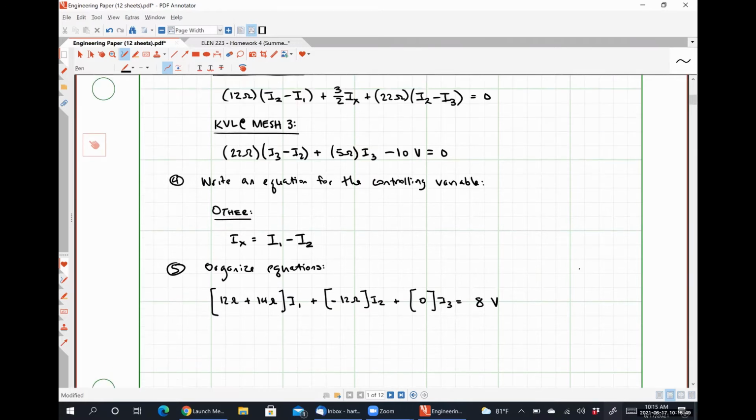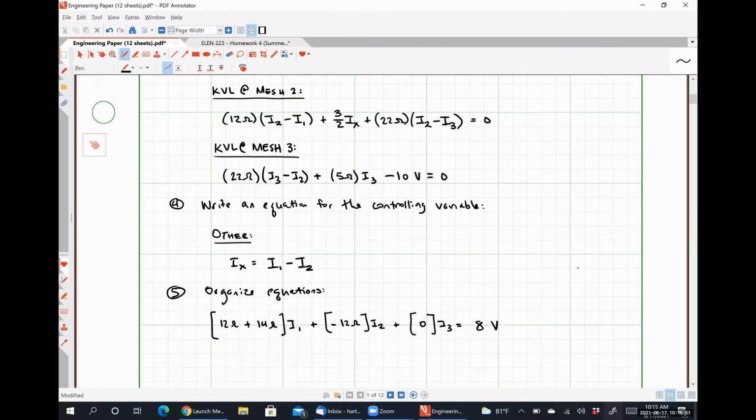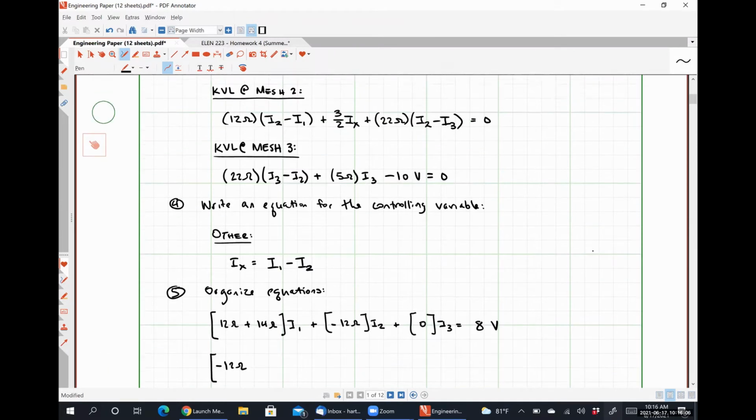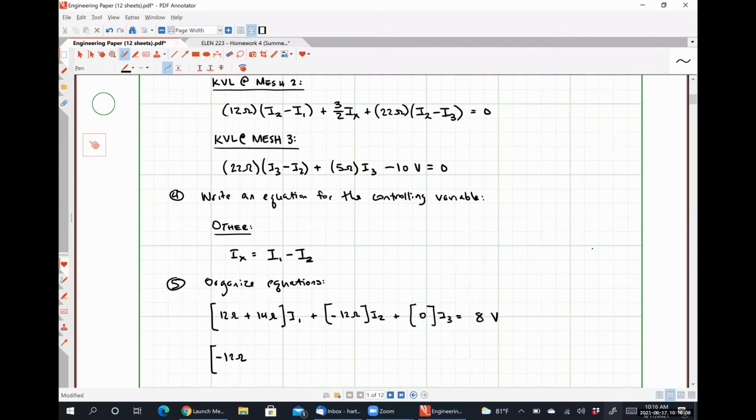For our second equation, which has that Ix in there, I can see that there's a 12 for sure, a negative 12 actually. So let's put that in as a coefficient of I1. And now we have this 3/2 Ix, where Ix is I1 minus I2.